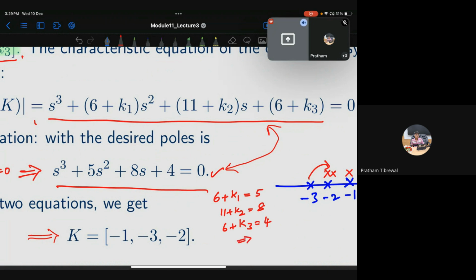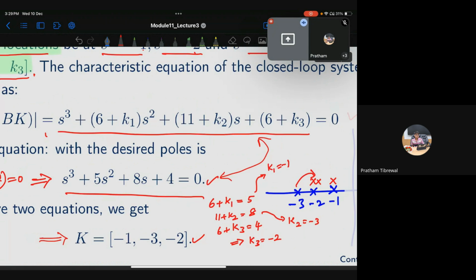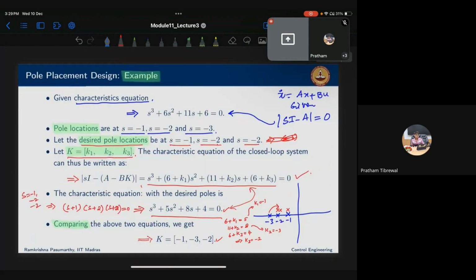What do we get? k3 as minus 2 from here, k2 as minus 3 from here, k1 as minus 1. Is this clear?